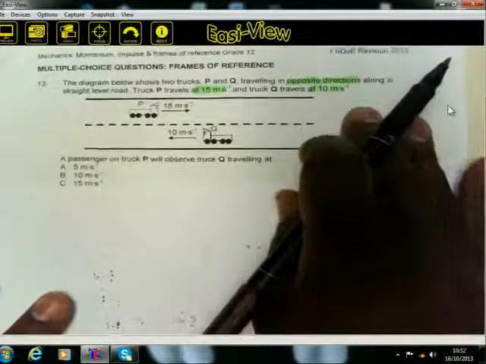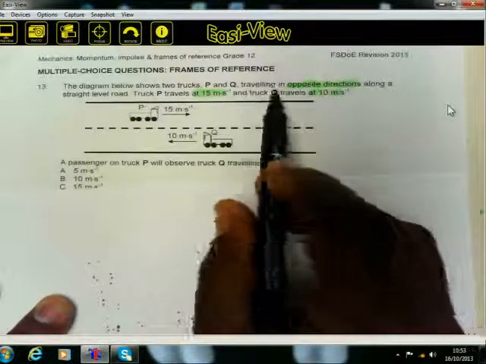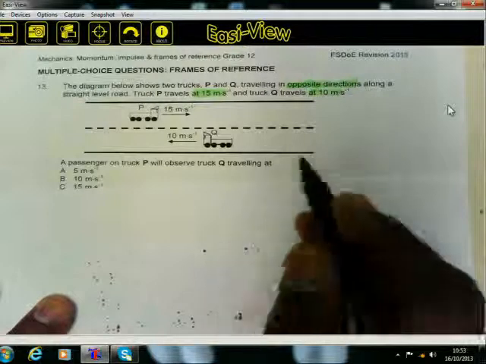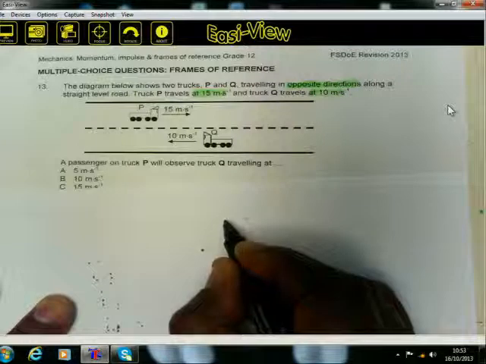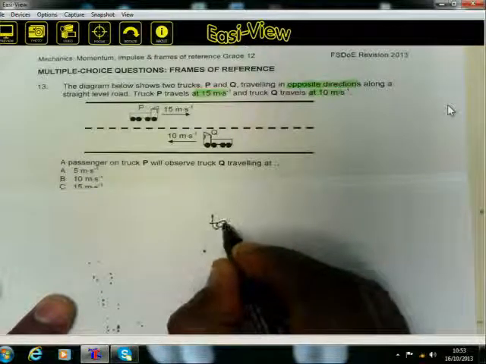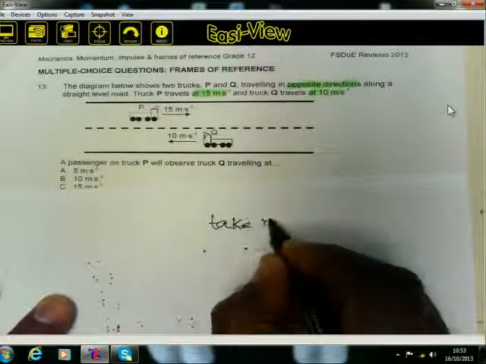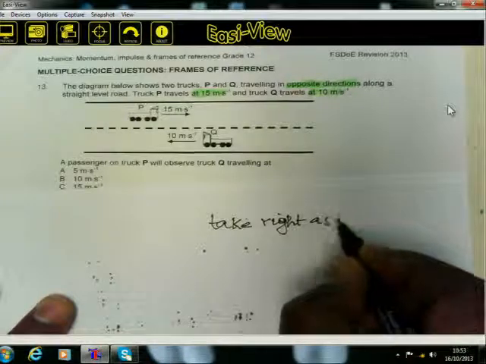Now, to emphasize the idea of directions, it may be necessary that we do this question also following the same pattern. We can choose here, because the examiner has not given us any particular direction except that these are moving in opposite directions. We can choose, for example, right as positive.